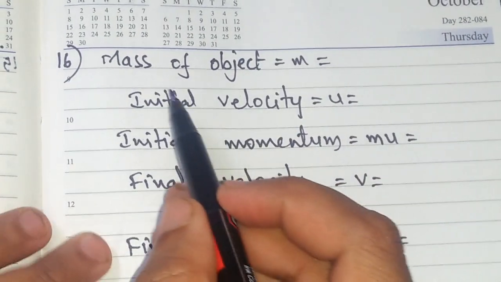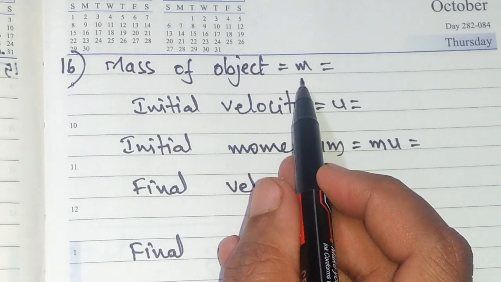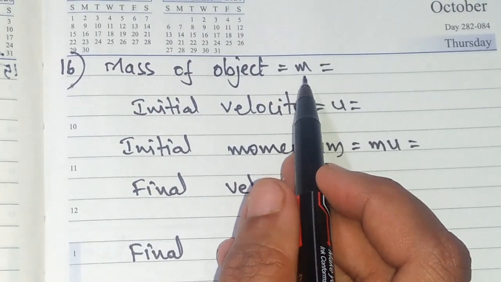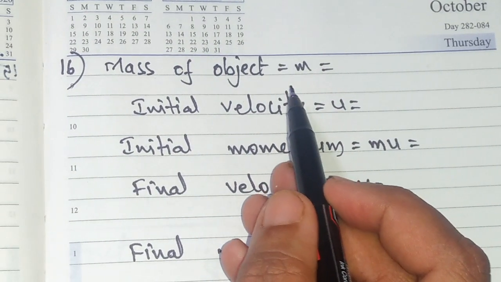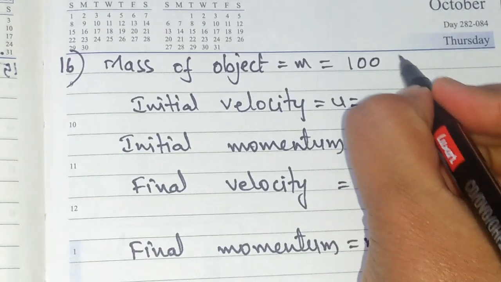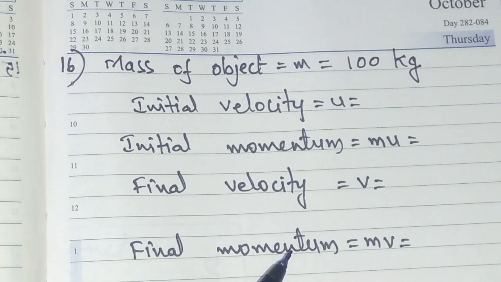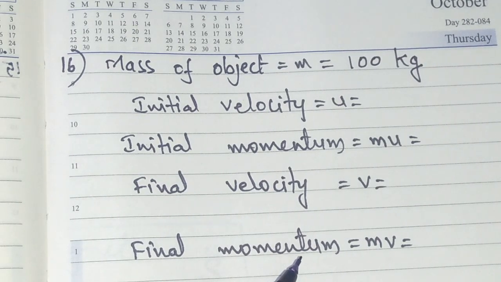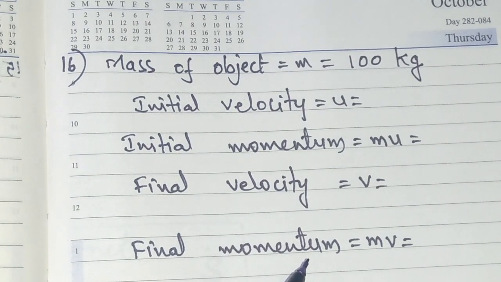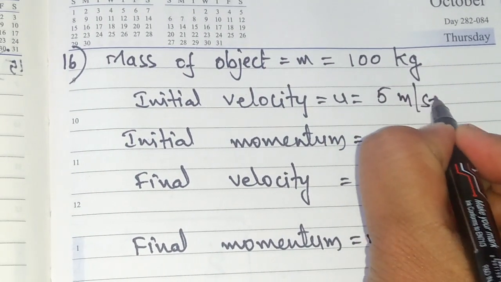Now, first of all, what is the mass of the object? I am taking this as m. I am not putting any m1 or m2 because only one object is there. So, the mass of the object is m, and that is given here in MKS units only, 100 kilograms. Then, initial velocity. What is that initial velocity here? 5 meters per second.